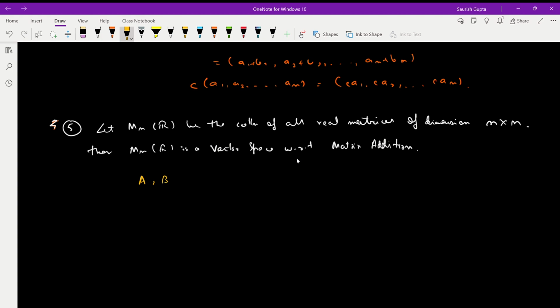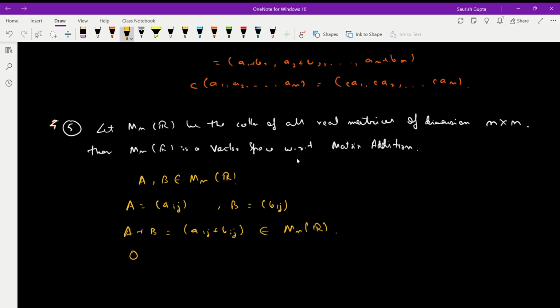Obviously, if you have two elements, say A and B in M_n(R), then A is of the form a_ij. I am not writing the dimension here because we know that it's of dimension n cross n, so i ranges from 1 to n and j ranges from 1 to n. And B is of the form b_ij. Then A plus B is nothing but the matrix a_ij plus b_ij, and obviously that is again in M_n(R). So the closure property holds, right?